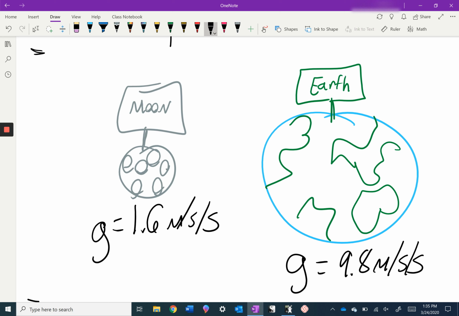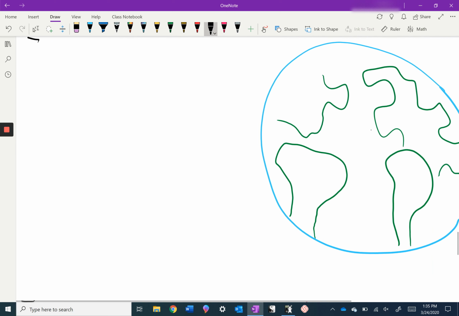So, how do you find the acceleration due to gravity or the gravitational field strength? Well, let's look at the Earth. So, our formula, little g is equal to big G times the mass of the Earth divided by the radius of the Earth squared.